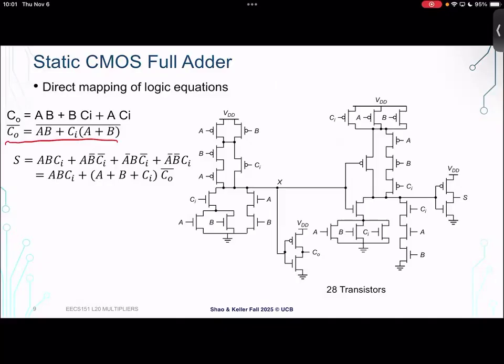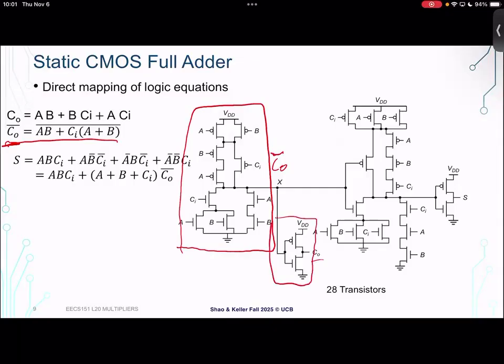In particular, you see that this is an equation for Cout bar. I'm going to highlight that this logic gate is actually made out of 4 different stages. So it's not a single stage. This first one that I've highlighted is calculating Cout bar, which is labeled as X here. And then it goes through this little inverter to get Cout. So that's 2.